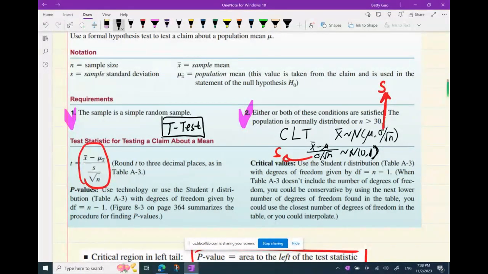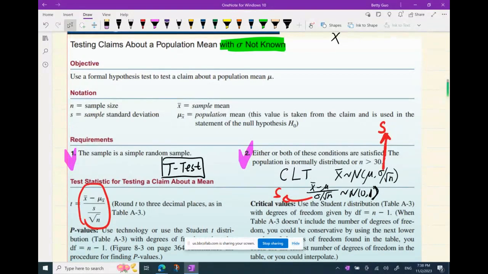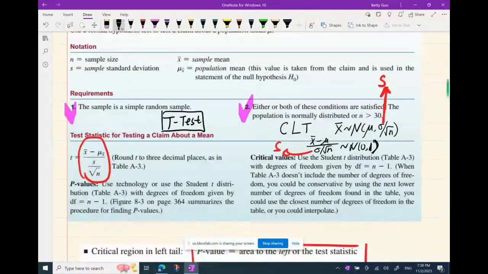The reason, as I already explained, is that sigma is unknown because mu is unknown. So this z score doesn't work anymore. We have to replace the sigma with s. Then that variable becomes a t-distributed variable. So the test we are going to apply here is a t-test. Very important, it's a t-test.